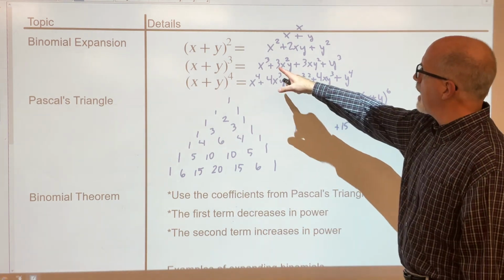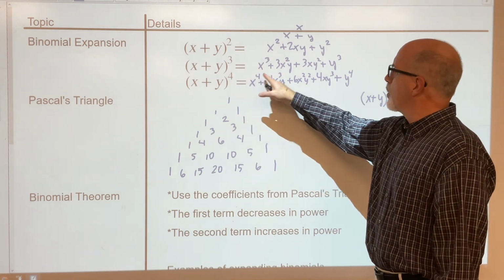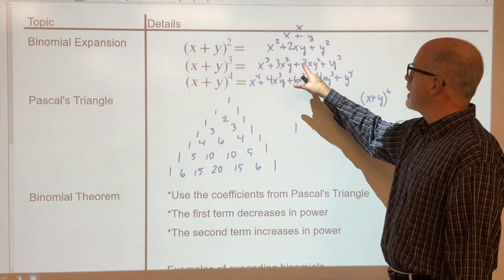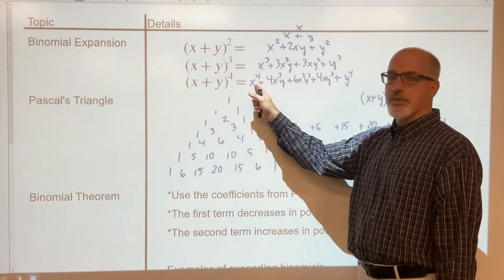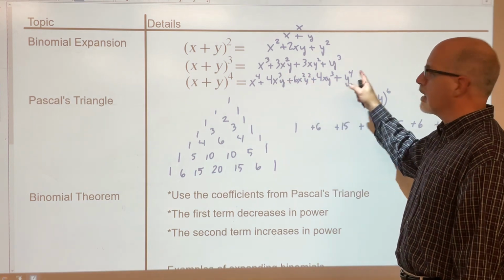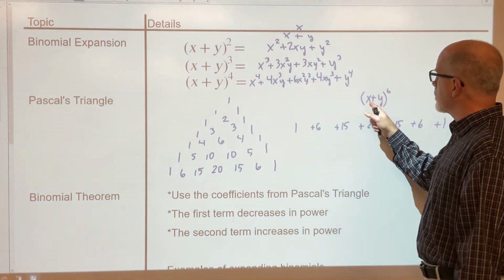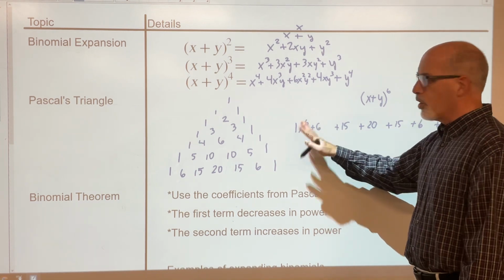If you notice the pattern here, the x's start at the exponent and then go down in powers, 4, 3, 2, 1, and then none. Whereas the y's start out with none, and then go up in powers, 1, 2, 3, and 4. So here I'll start with x to the sixth power on the first one, no y's.